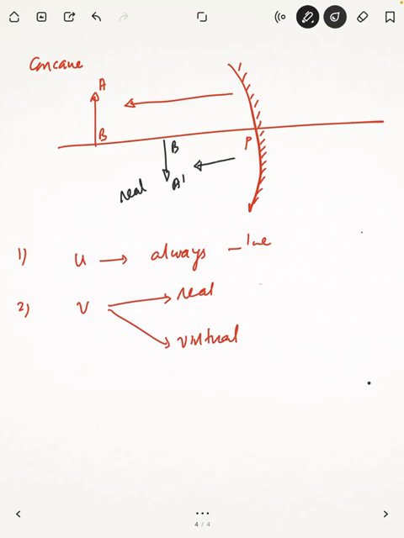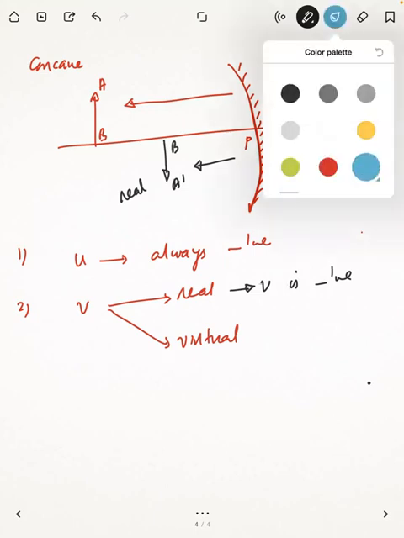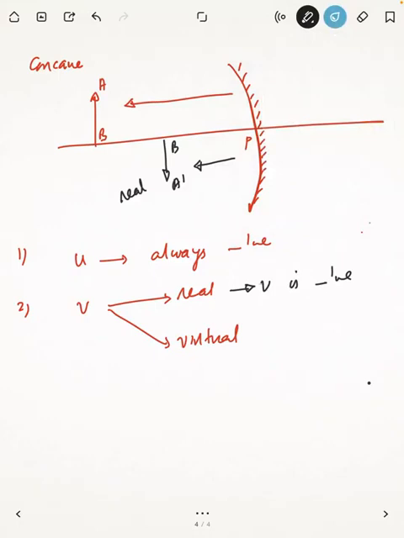So for real image, v is negative, because it is in front of the mirror, distance you have to measure towards left. Okay, what you can say about the virtual image? Concave mirror can also form virtual image. Virtual image is here, a dash b dash. So we have to measure the distance from the pole to right side. So this is positive measurement. This is negative measurement. So for virtual image, v is taken as positive.